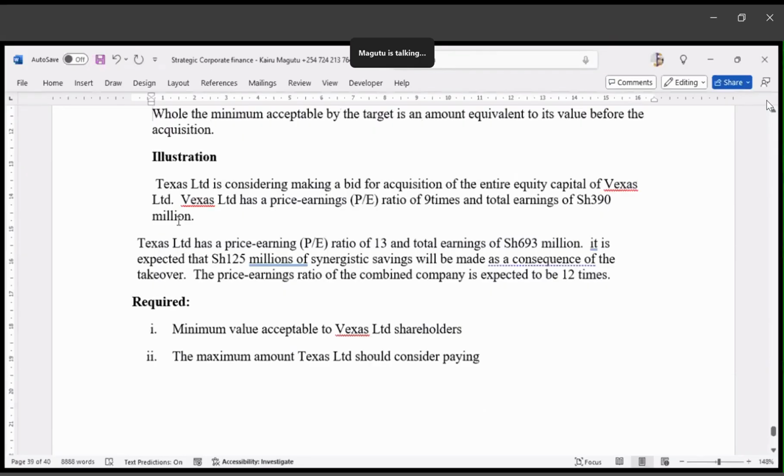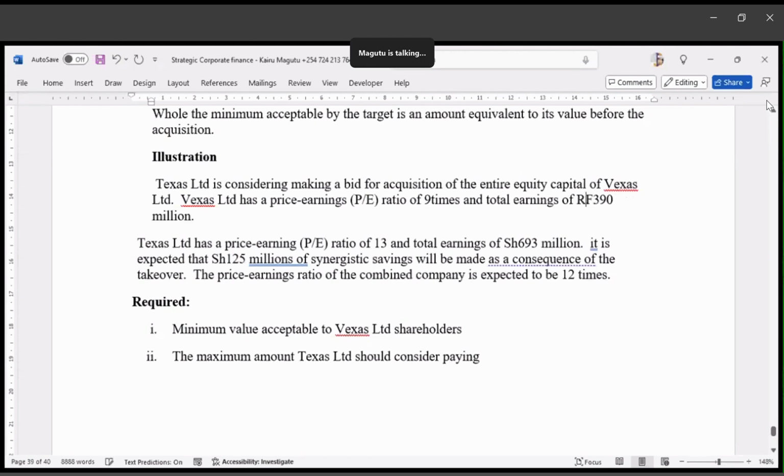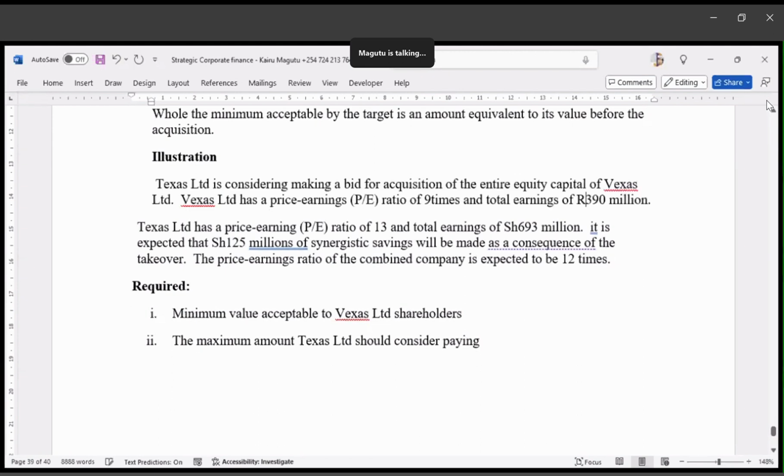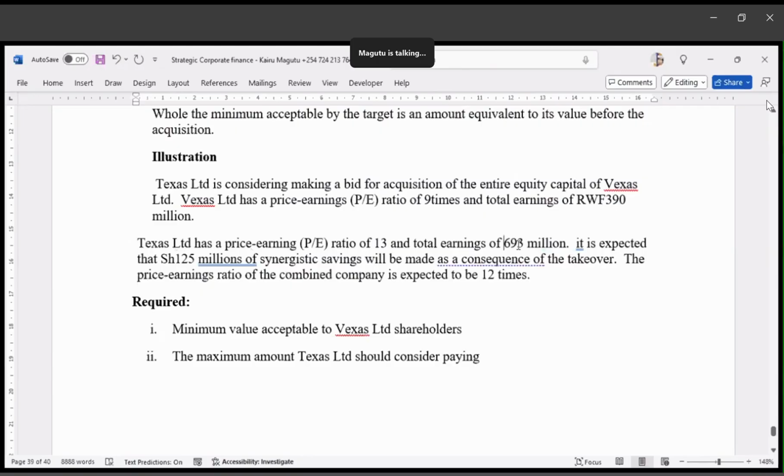But what I want you to do is look at this very short illustration, but it has a very big meaning. We are told that Texas Limited is considering making a bid for acquisition of the entire equity capital of Vexus Limited. Vexus Limited has a price earnings ratio of 9 times and total earnings of 390 million Rwandan francs. Texas Limited has a price earnings ratio of 13 and earnings of 693 million Rwandan francs.